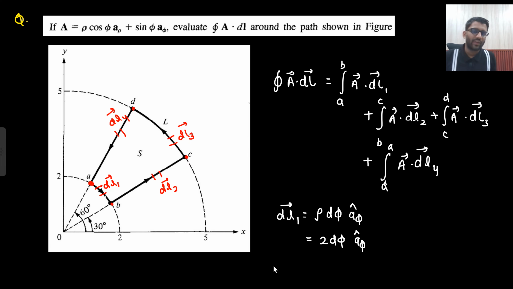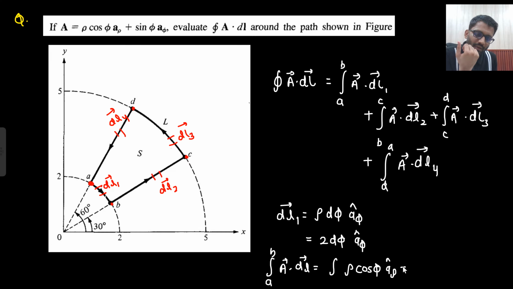Okay. So if I need to calculate from A to B, I am going A dot dl. A is rho cos phi a rho cap plus sin phi a phi cap, dot dl, that would be 2 d phi a phi cap.